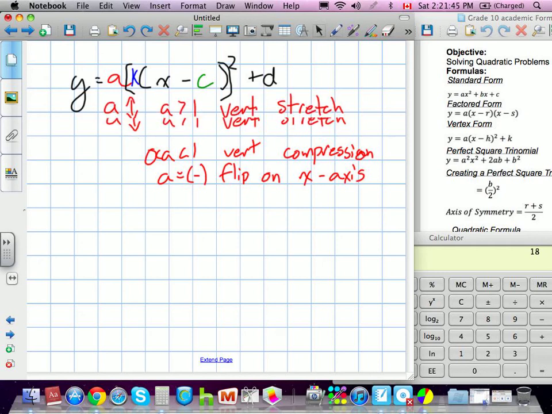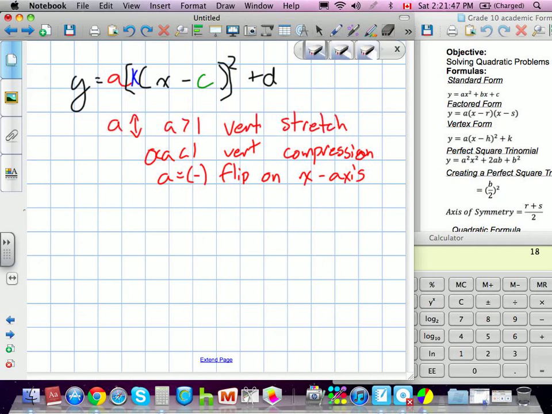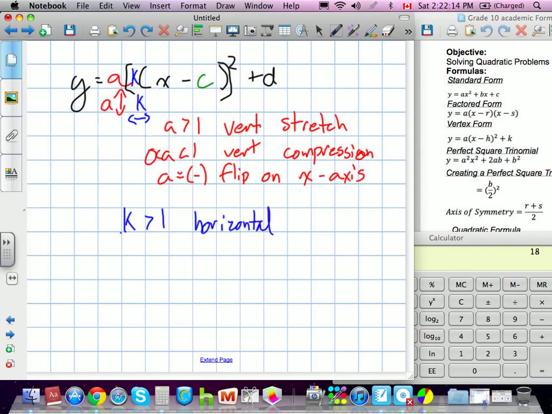What's K deal with? The horizontal stretching. That's right. So if K is greater than 1, what do we get? It's a horizontal stretch. A compression. This is what we use, yes.